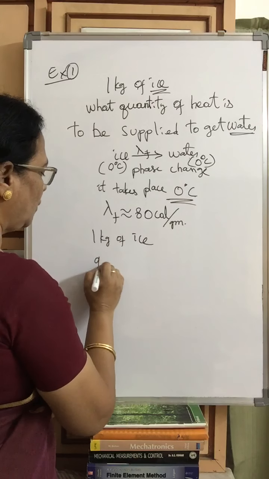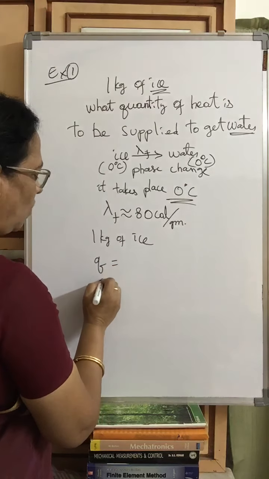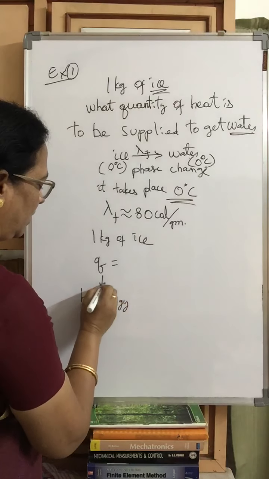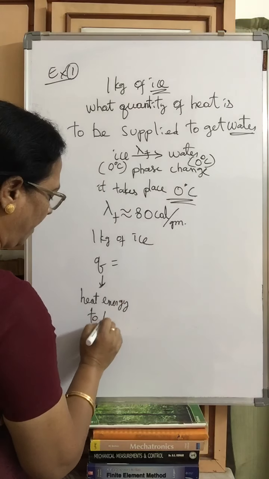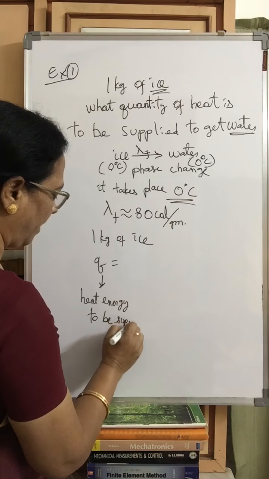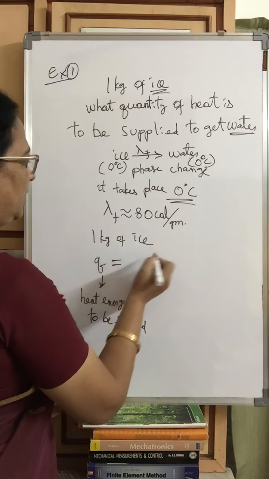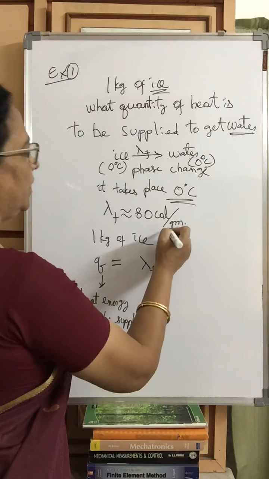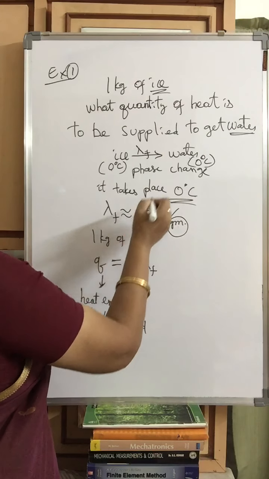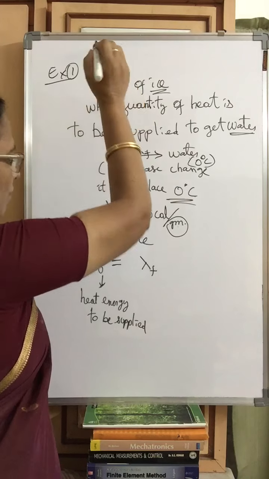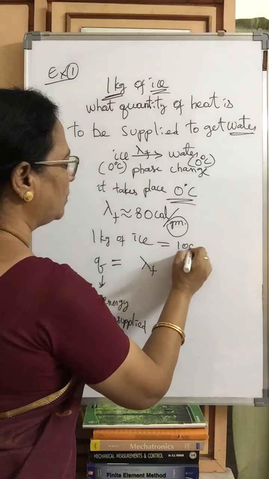So Q is the quantity of heat energy to be supplied. You have lambda F per 1 gram, 80 calories. This is per gram, so how many grams are there? 1 kg is 1000 grams.